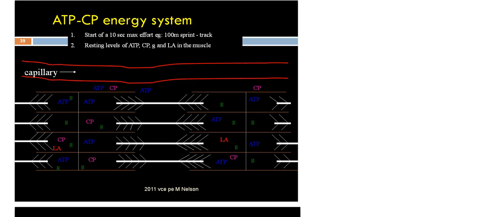So looking from within the sarcomere or our myofibril, this is what's going to be in the muscle before we start a max effort 100-meter sprint. We have resting levels of ATP, glucose, creatine phosphate, and lactic acid.